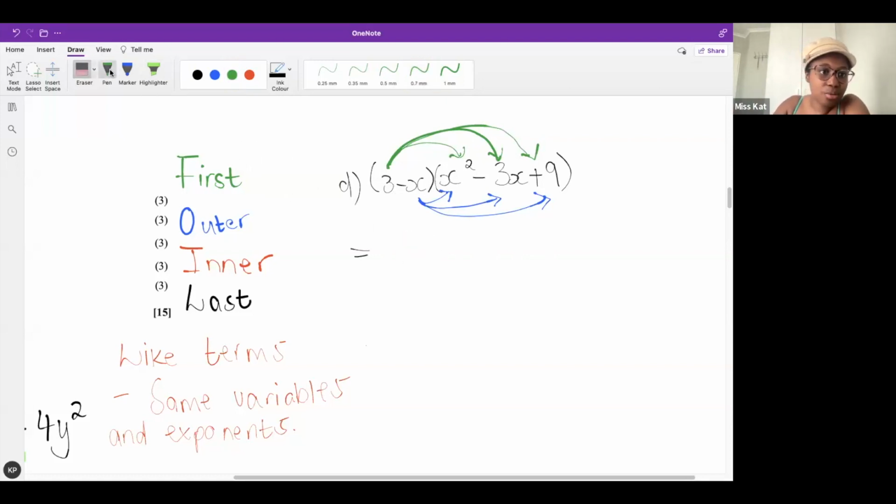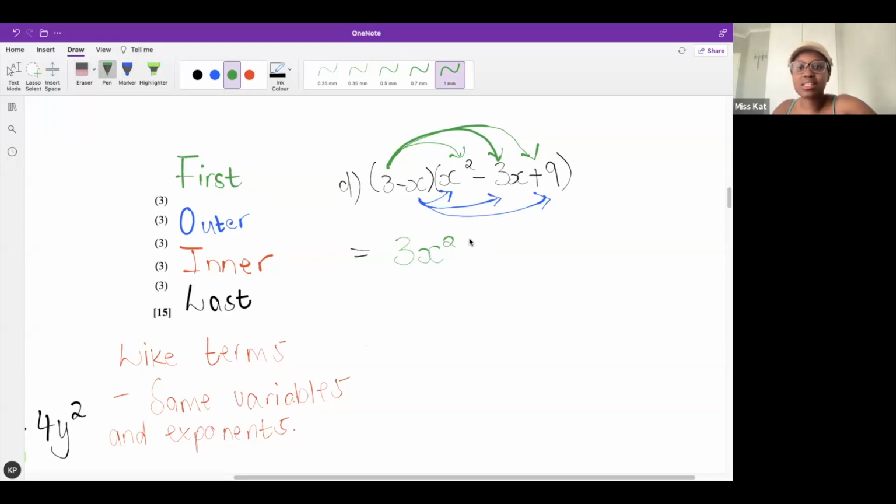Why is it x cubed? Remember, x cubed means there are 3 x's, which there aren't. There are only 2, right? So it's 3x squared. All right, are we with me? I feel like a lot of people are confused with that one. Don't be sorry, I know it's very confusing. So it's 3x squared.